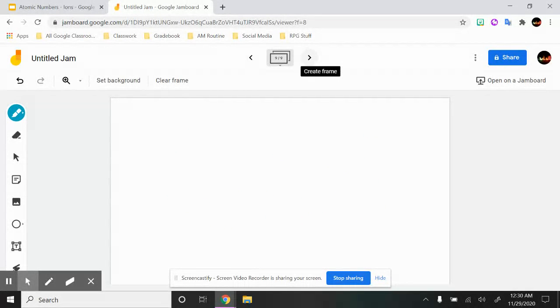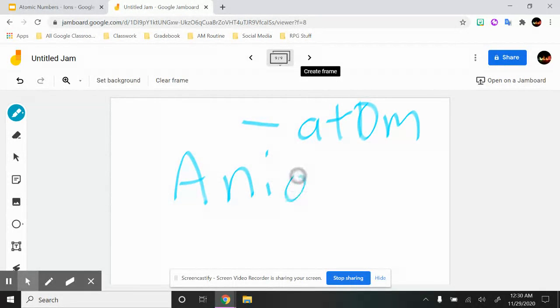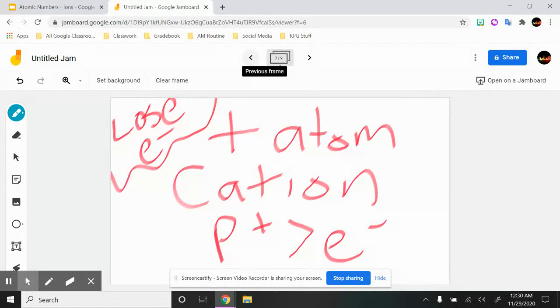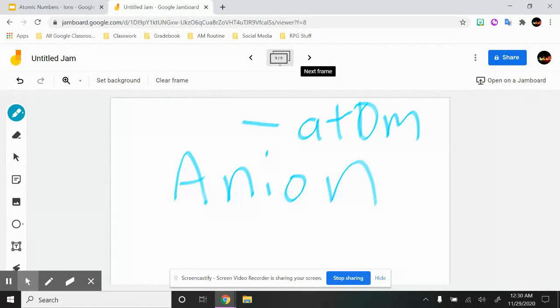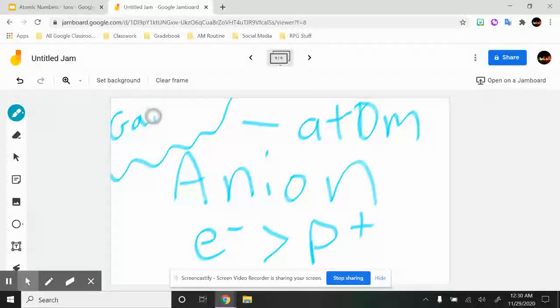So when we have a negative atom, that is called an anion. And in an anion, the number of electrons is going to be greater than the number of protons. And so in these atoms, they gain electrons.